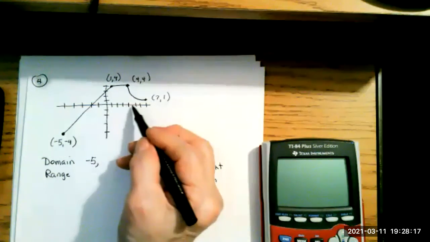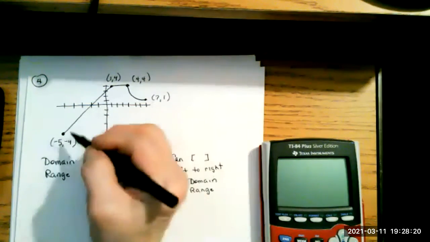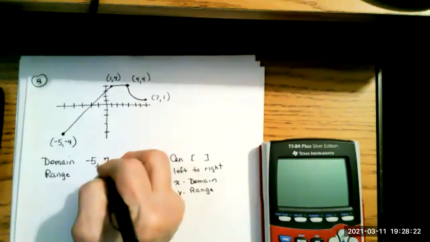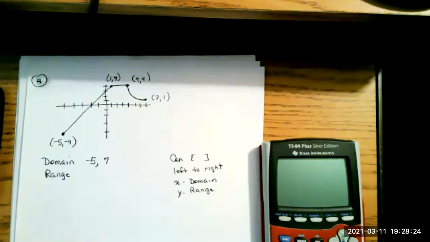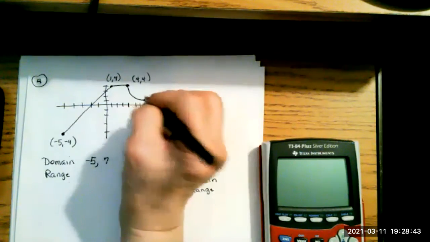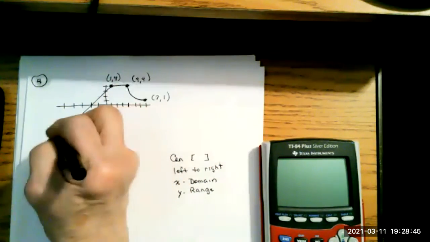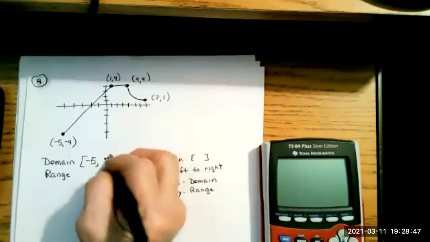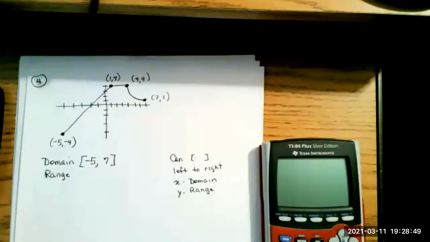You're thinking Y's. Well, check out 7. 7. Now, what kind of symbols do I use? Parentheses or brackets? Bracket means it includes the point. Parentheses means it does not include the point. And I don't see any that are open circles. These are all closed dots. So that means it's brackets. So we're using brackets. Good job.